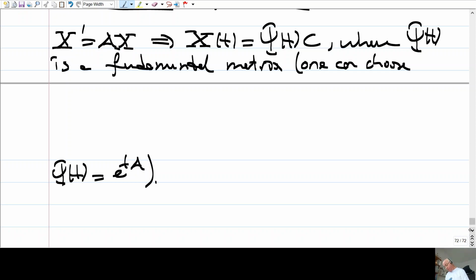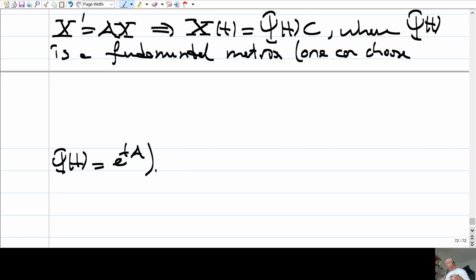We know this. What about solutions of non-homogeneous systems?